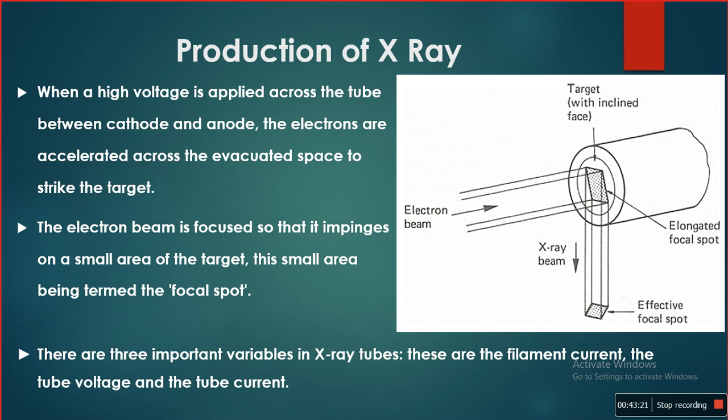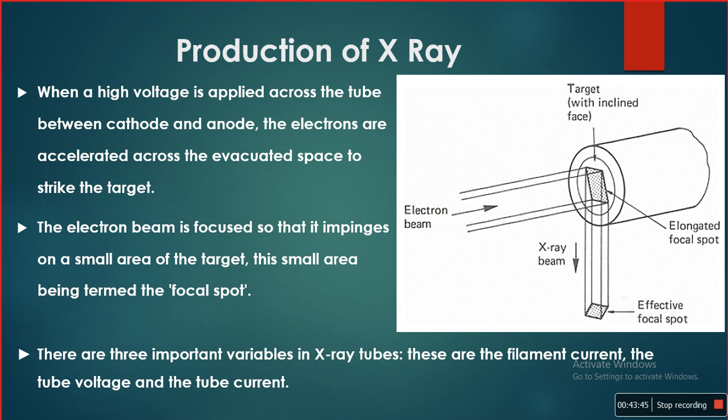So the second point, tube voltage: if you increase the tube voltage, it ultimately increases the energy of the electrons, and as the energy of the electrons increases, it increases the penetrating power of the X-ray beam.